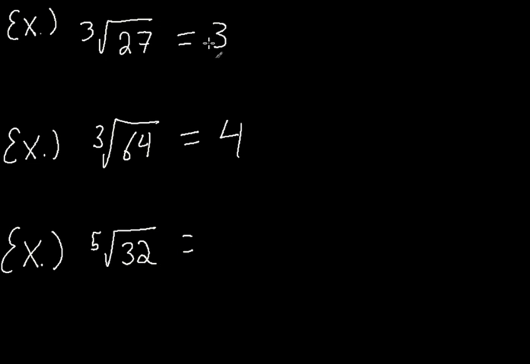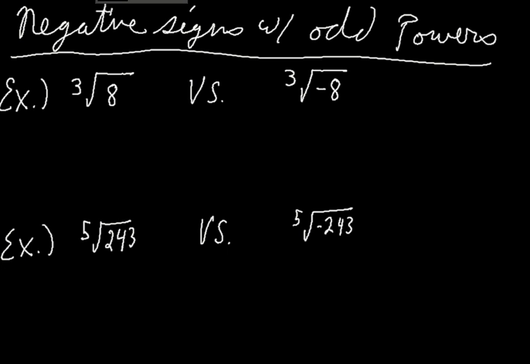I know 2 cubed is 8, times 2 is 16, times 2 is 32. So this is 2. This is the 5th root. Again, most scientific calculators have a way of inputting this, but by hand, we just have to be kind of creative in our guesses.